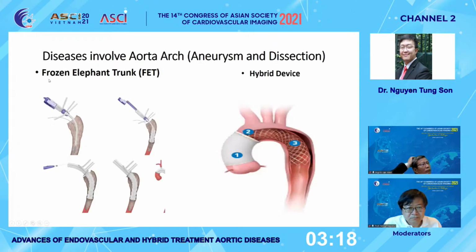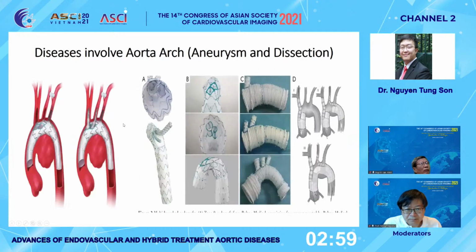And some have some technique and some instrument, you can use the frozen elephant trunk first. You can use a hybrid device like this, cover on the replacement and cover on the open true lumen from the aortic arch. And sometimes it's total endovascular for the aortic arch with some device.